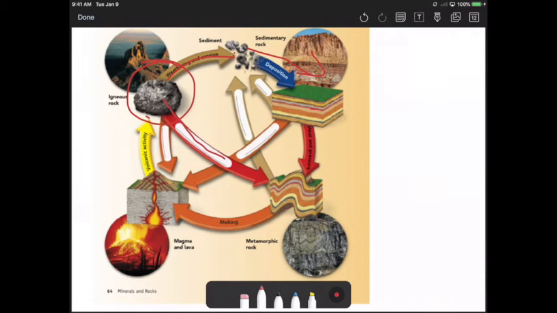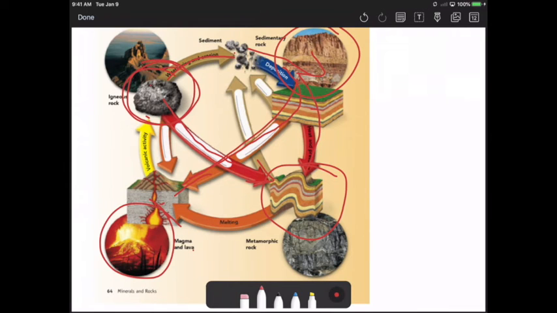Igneous rock could also go through heat and pressure, and it could become metamorphic rock. Now sedimentary rock through heat and pressure can become metamorphic rock, and then when it melts, it goes in and becomes lava or magma, and then it can become igneous rock.